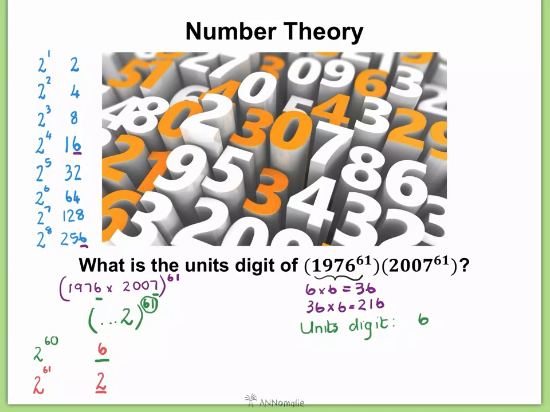Now, once again, patterns, patterns, patterns. Recognize the pattern. So if we look at the powers of 7, we can do that on the other side. Let's look at the powers of 7.